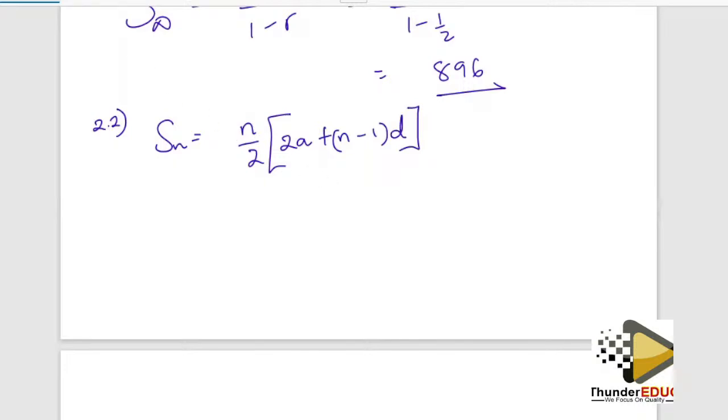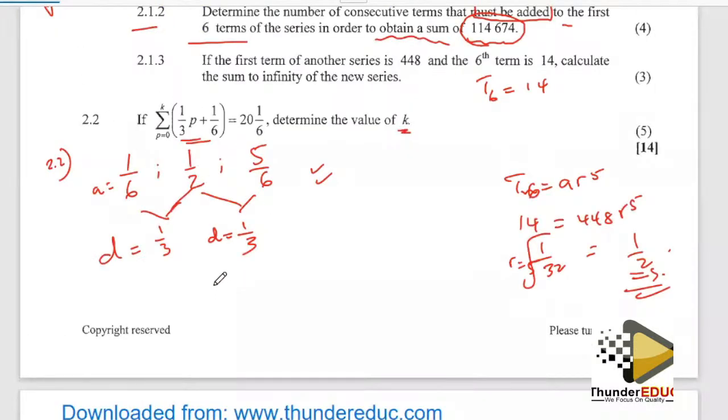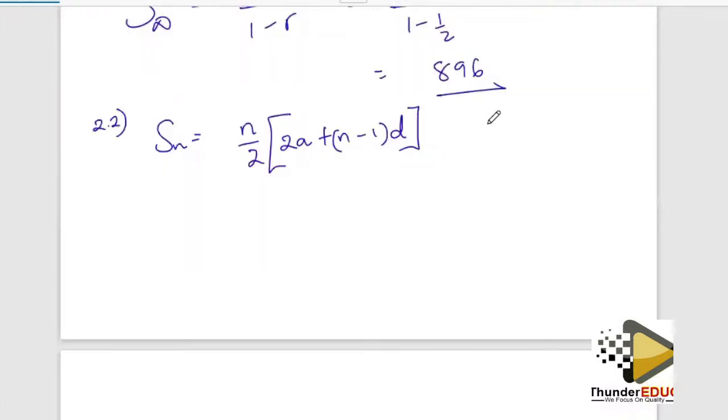So we've been given the Sn as 20 and 1 over 6. We can change this to an improper fraction. So that is going to be 121 over 6. So 6 times 20 is 120, plus 1, 121 over 6.